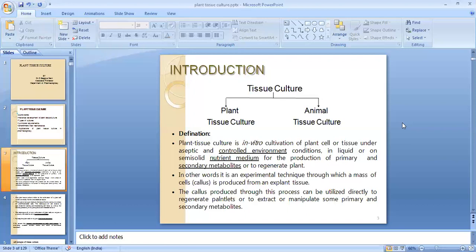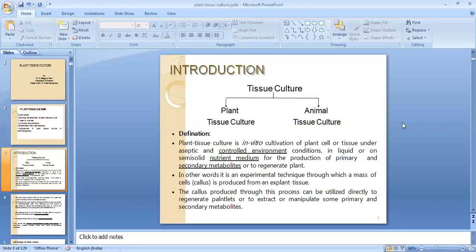Explant is nothing but a small part of a plant. That is, from the part of the plant, a small area has been removed and sterilized, and that is used for developing the whole intact plant or for the production of the secondary metabolite. That is called your explant.